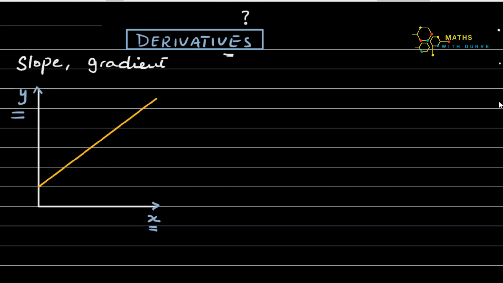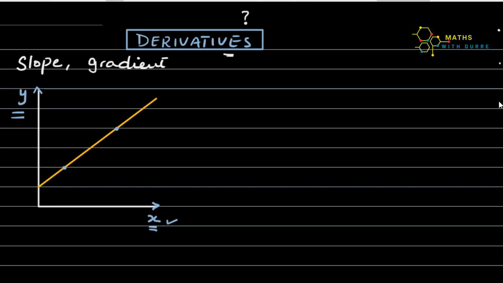For example, here we have the y-axis in the vertical direction and the x-axis in the horizontal direction. Now take 2 points to calculate its slope. I can choose any 2 points. For example, I have taken these 2 points.